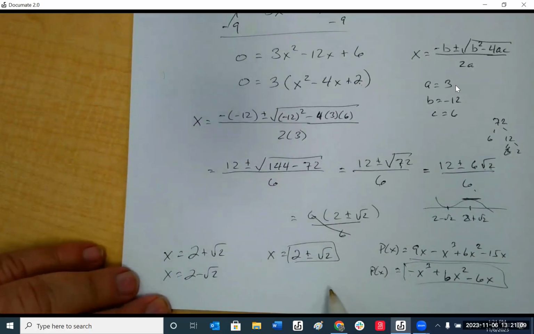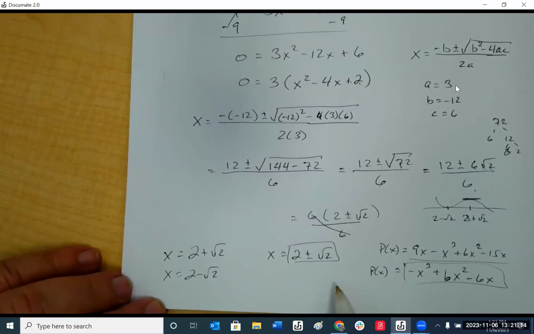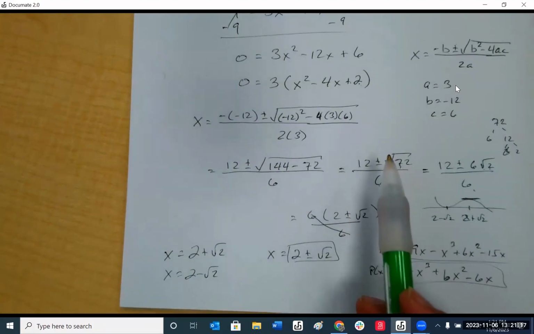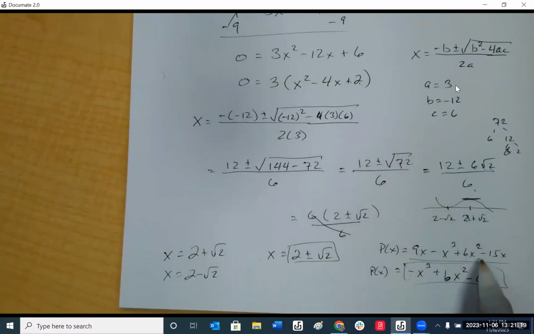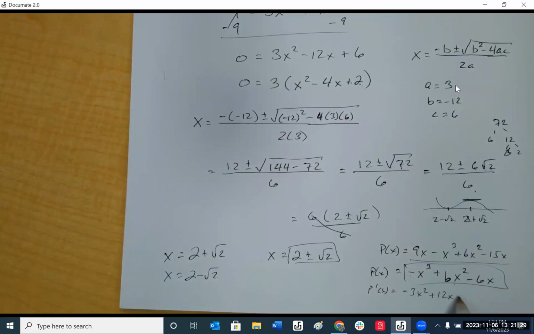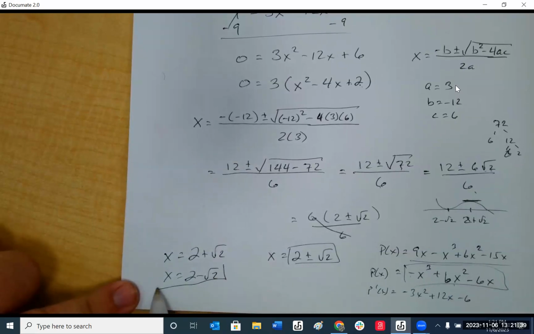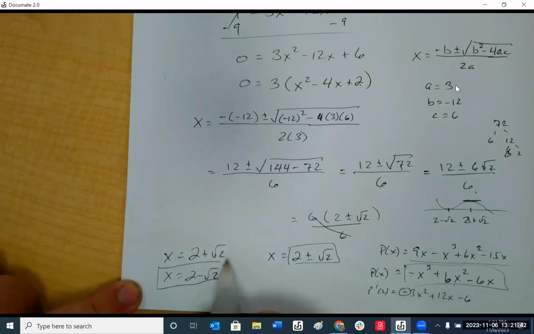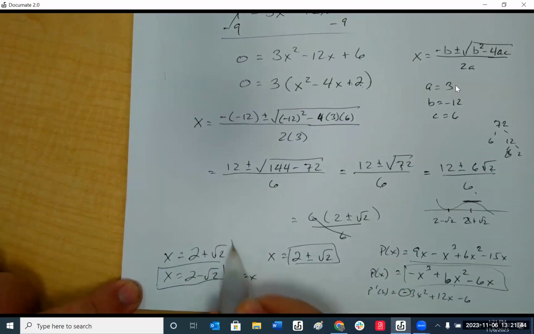Clearly concavity. We know it's negative 3x squared plus 12x minus 6. We did that. Since it's backwards, this will give us the max and this will give us the min.